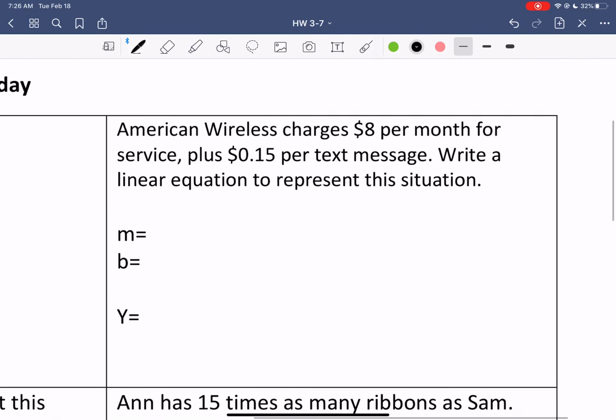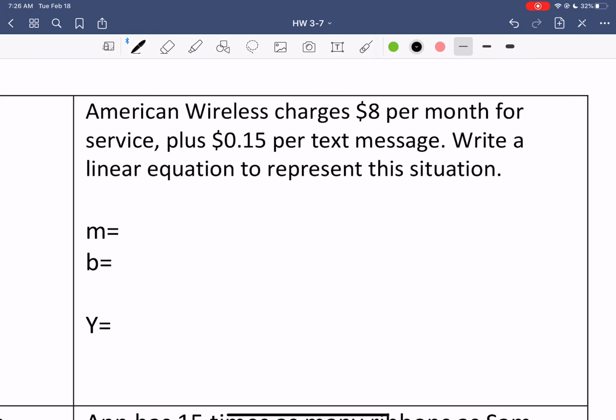American Wireless charges $8 per month for service plus 15 cents per text message. Write a linear equation to represent this situation. What you're going to want to do, this is for 1 month.